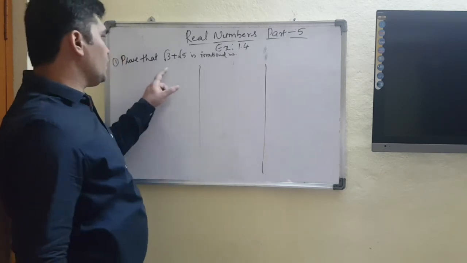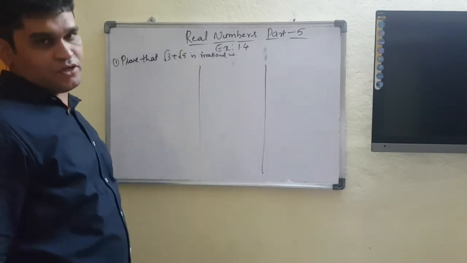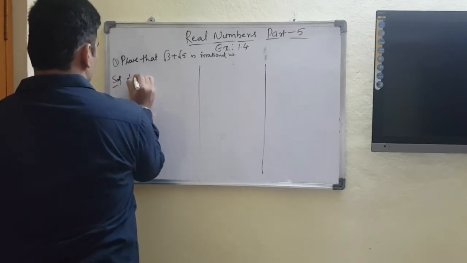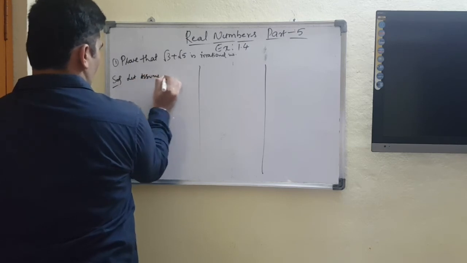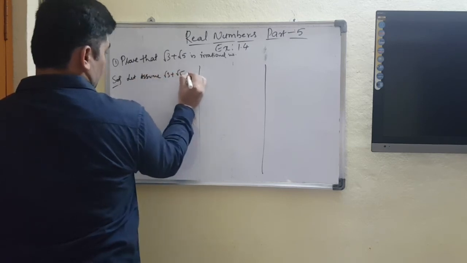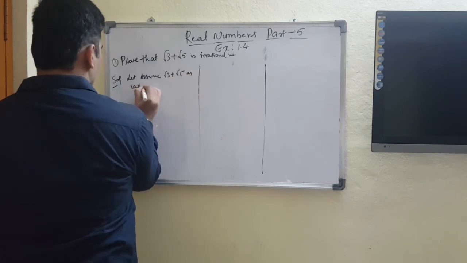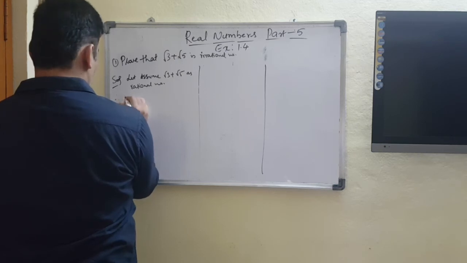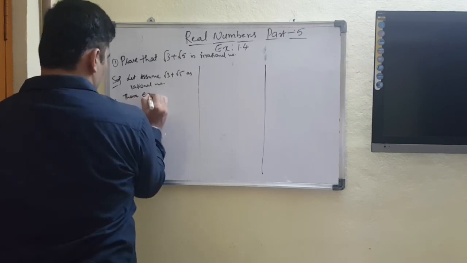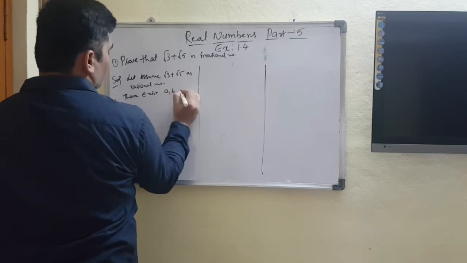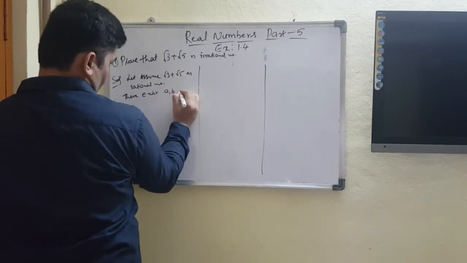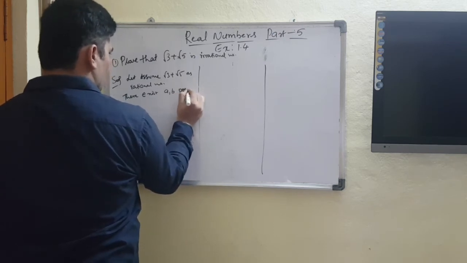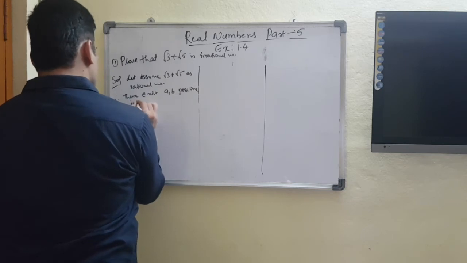What is it saying? Prove that root 3 plus root 5 is an irrational number, right? Same pattern. Let's assume root 3 plus root 5 as a rational number. Therefore, there exist a, b positive integers.